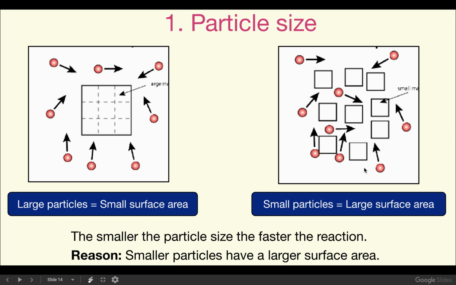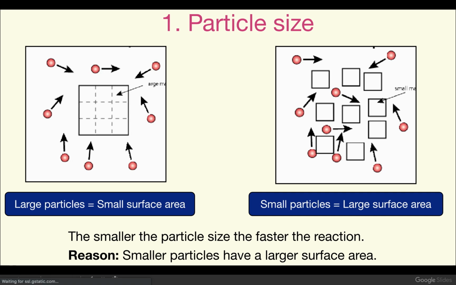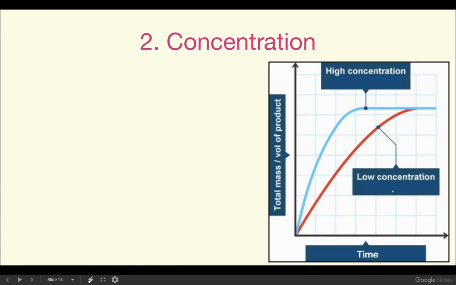And this explains biochemical reactions in our body as well. For example, in our mouth, when we consume food, the first thing we do is break it up with our teeth so that we increase the surface area so that enzymes can work more efficiently. So that is the first one, which is particle size.